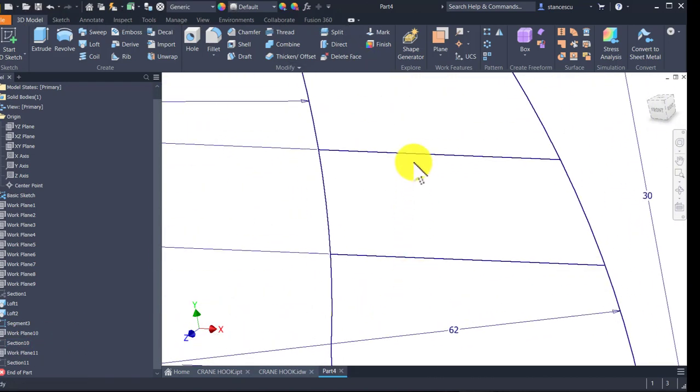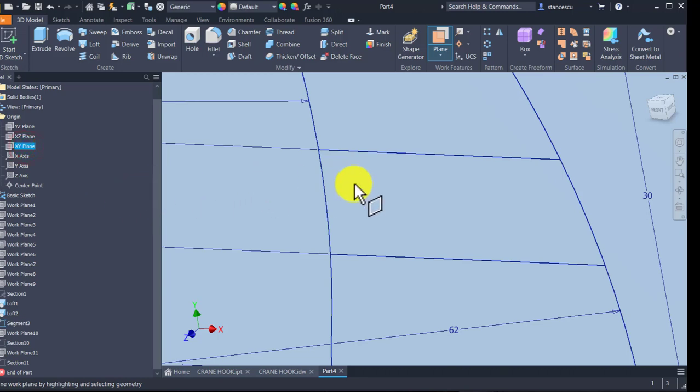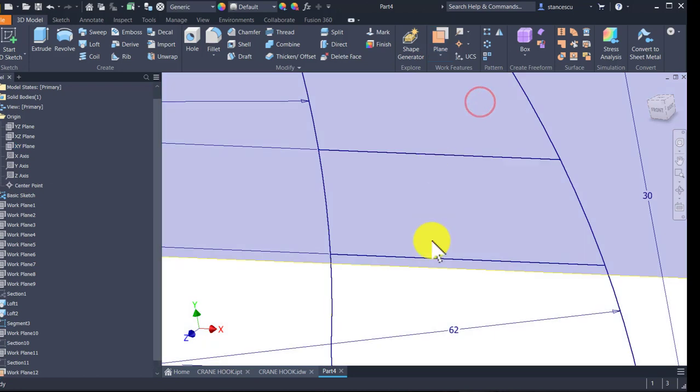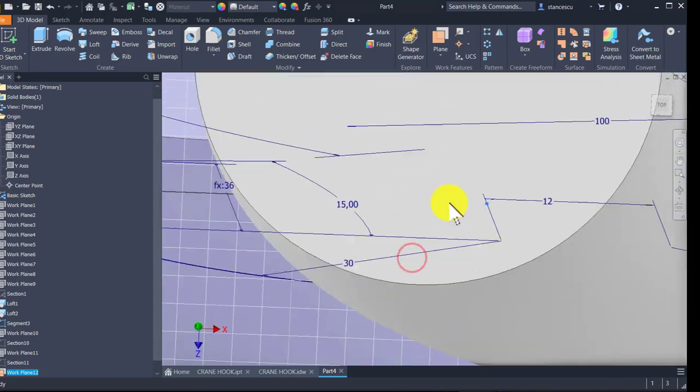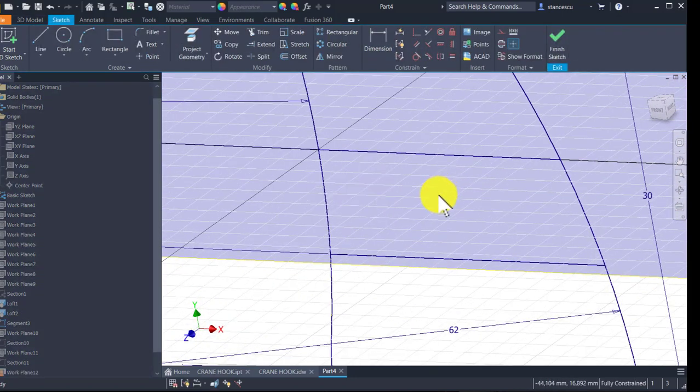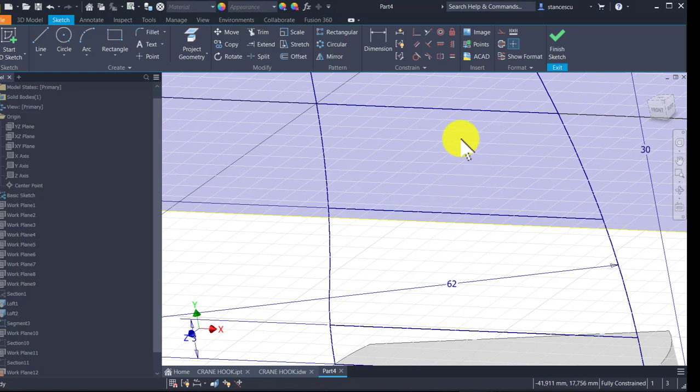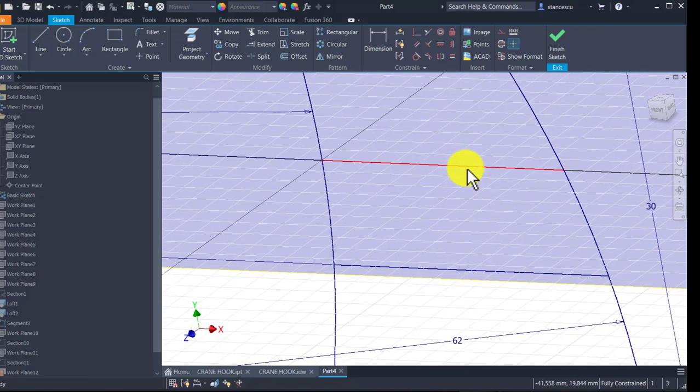And now we go to the 12th section. Plane, XY, perpendicular, sketch, F5, and now 1, 2, are we here? Let's see. If I project this, it will be somewhere else.